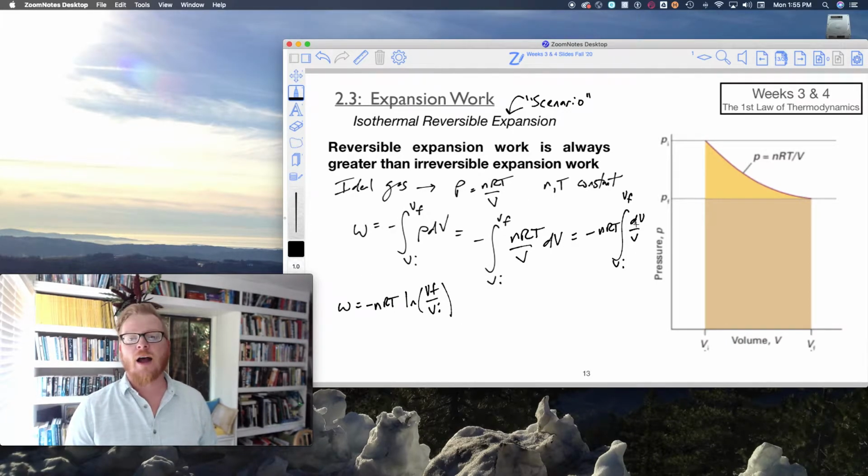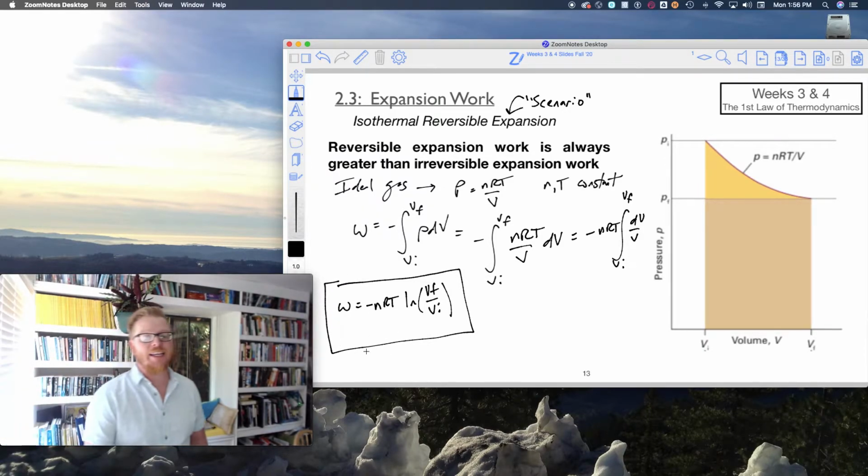So recall, the integral dV over V is just natural log of V. So this is now my equation for calculating work done isothermally and reversibly.